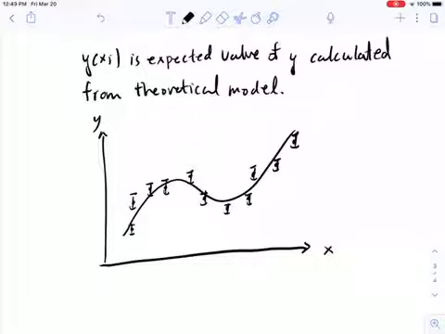So when we're talking about chi-squared, what we're really doing is trying to measure the deviation between yi minus y of xi, where y of xi sits here, and the measured value is yi, and then down here is xi.